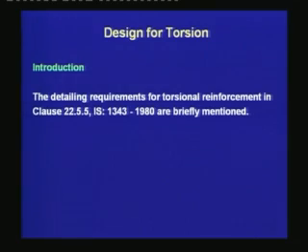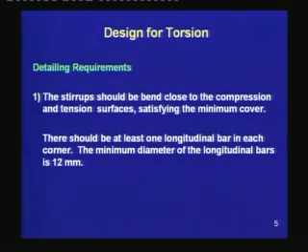First, detailing requirements for torsional reinforcement. The detailing requirements for torsional reinforcement in clause 22.5.5 IS 1343-1980 are briefly mentioned. The stirrups should be bent close to the compression and tension surfaces, satisfying the minimum cover.